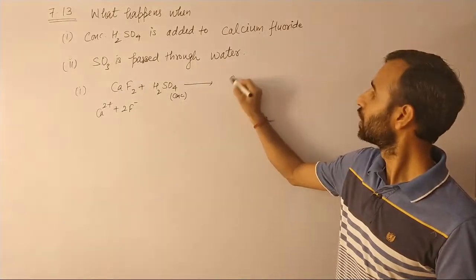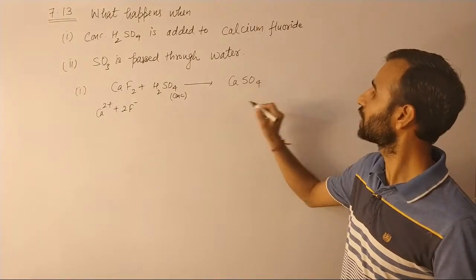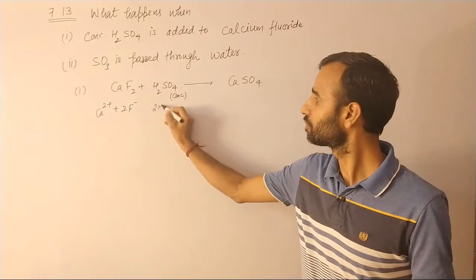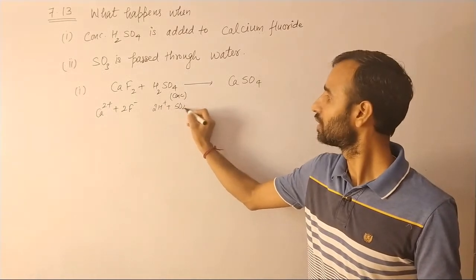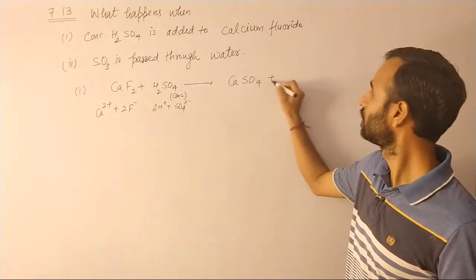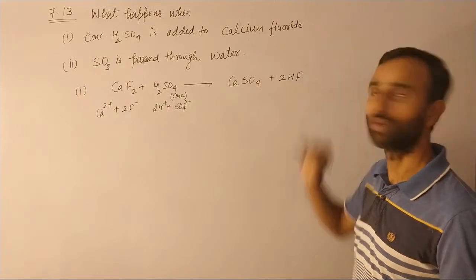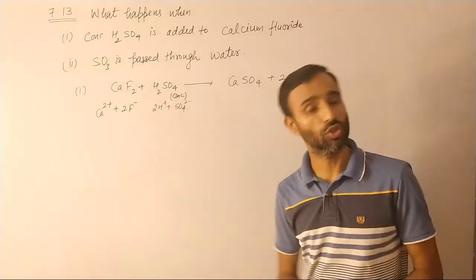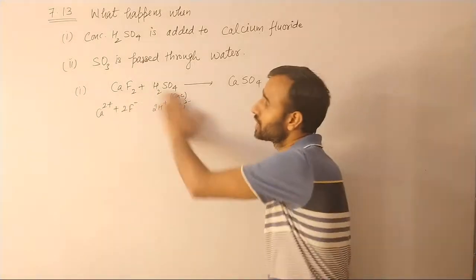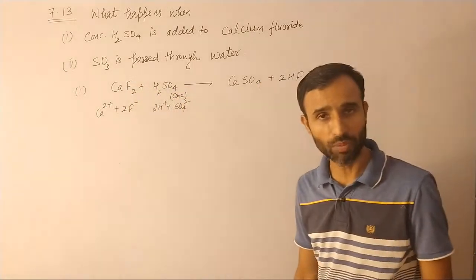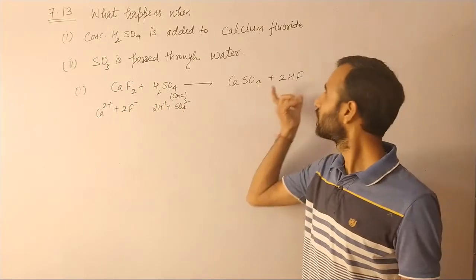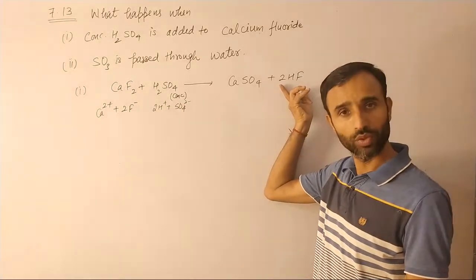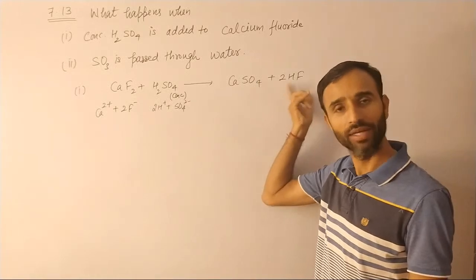So in this way we get calcium sulfate along with 2HF. You know HF is more volatile than H2SO4. Therefore, when this displacement reaction takes place, it can easily remove this more volatile HF.